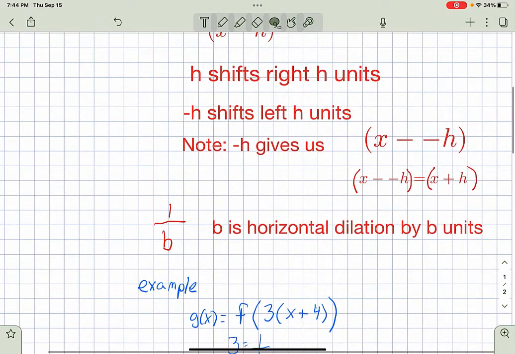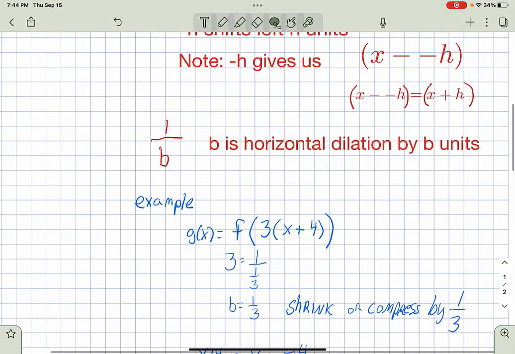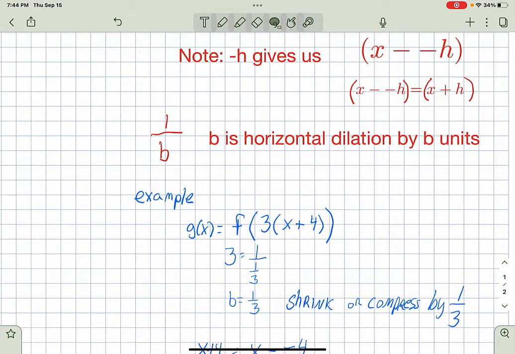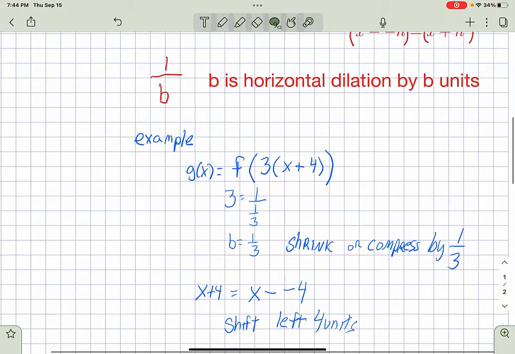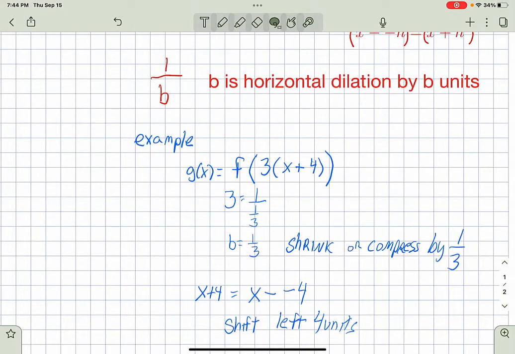So let's talk about horizontal dilation. The actual factor is 1 over b. b is the horizontal dilation by b units. So in the example, I have g of x equals f of 3 times x plus 4. Well, 3 equals 1 over 1/3.